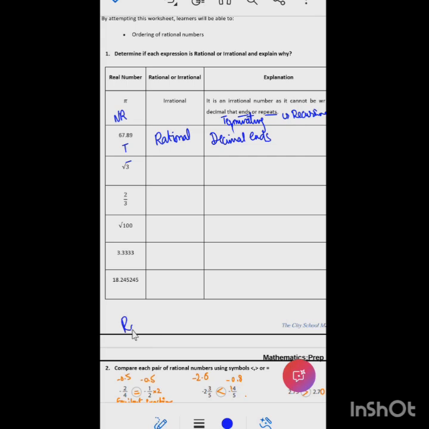The roots which are solvable, for example we know square root of 100 is 10, square root of 4 is 2, square root of 9 is 3. So solvable roots are rational. And the non-solvable roots, whose answer comes in decimals, they are not fully solvable, they are irrational, right?